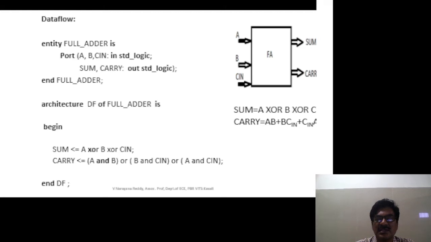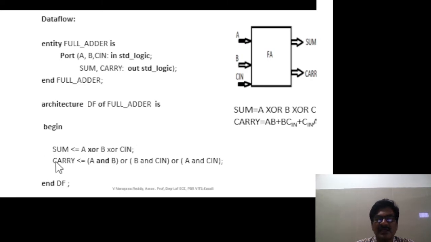Since sum and carry are declared in the entity, they are treated as signals. Whatever objects are declared in the entity are all signals by default, so the assignment symbol is less than equal. So A XOR B XOR the third input, Cin.